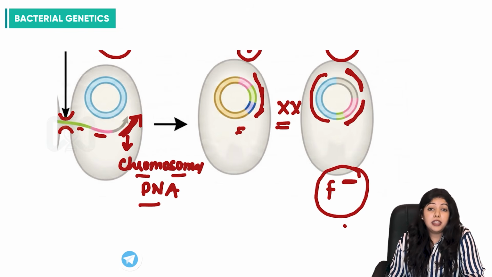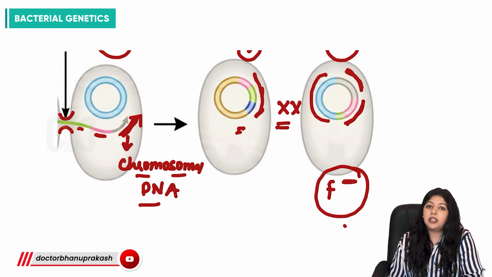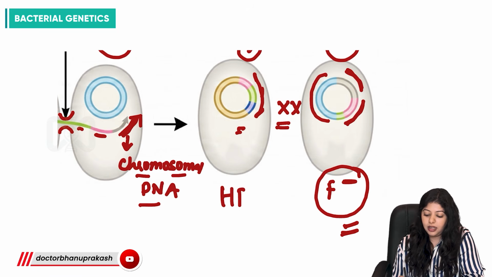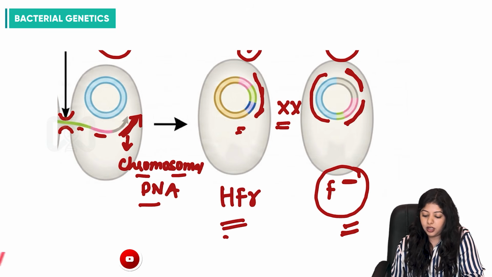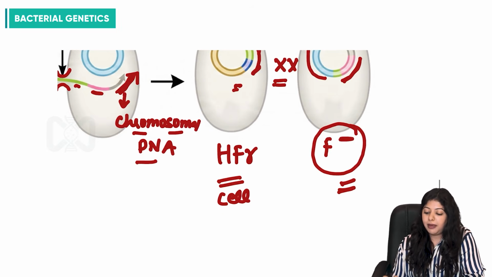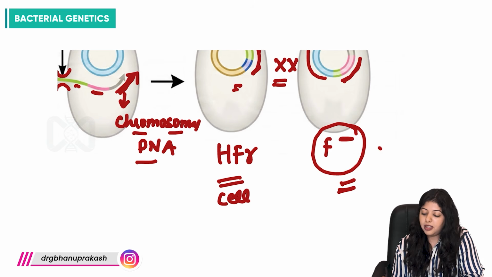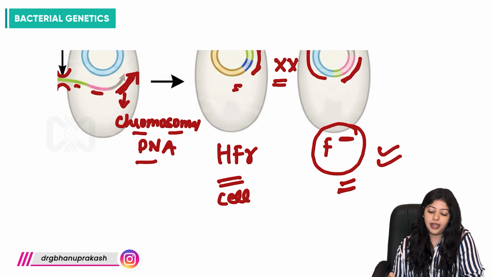So in spite of getting the genetic material from some bacteria, since not the whole of it has been transferred, it still remains F negative. So this is the HFR cell, but the bacteria number 2, which has some part, still remains F negative, right?